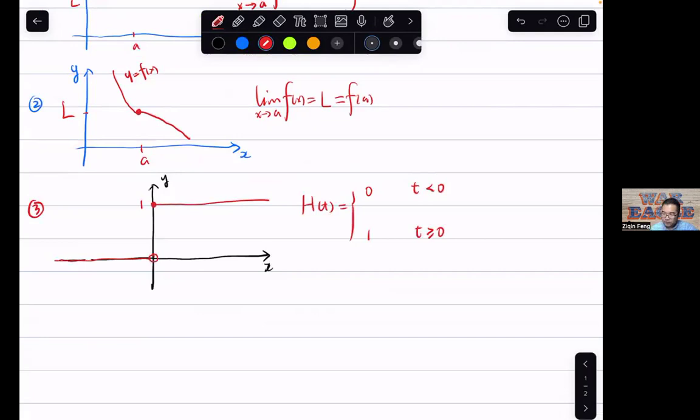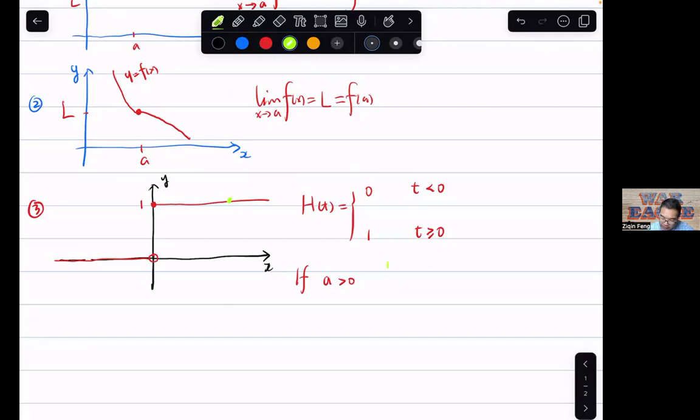Now you can see that if a here is greater than 0, the function value is always 1. Fix your a no matter where on the right side, even very close to 0, as long as near that number the function value is defined, this is always 1.